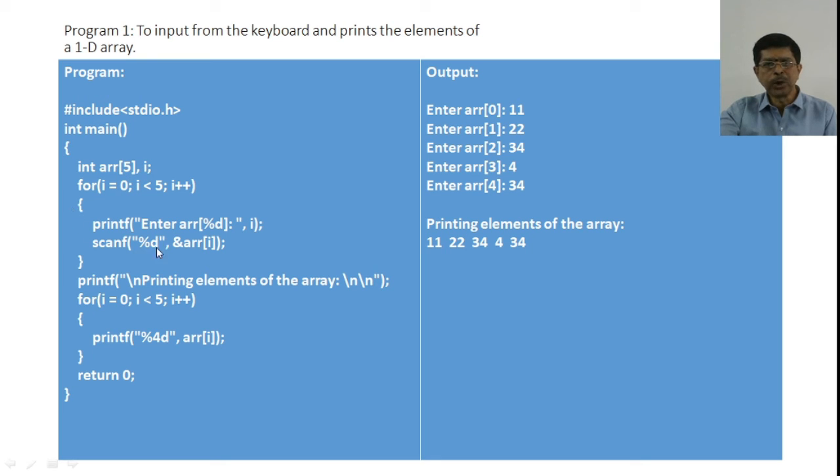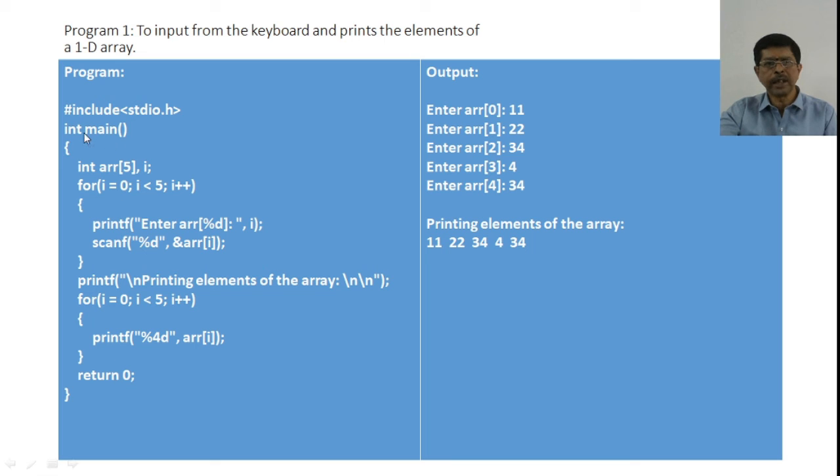Here I am going to enter the values. So I am giving printf and then scanf, enter the array element. Then it will print the elements of the array after that, with for i = 0, i < 5, i++. So it will print and then it will return 0 to the operating system.